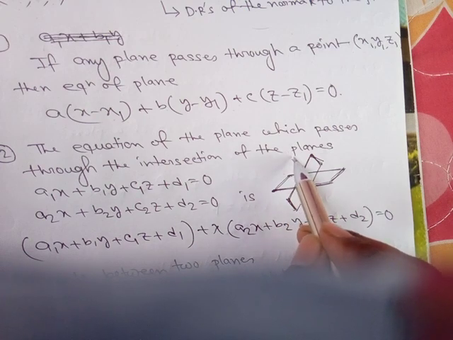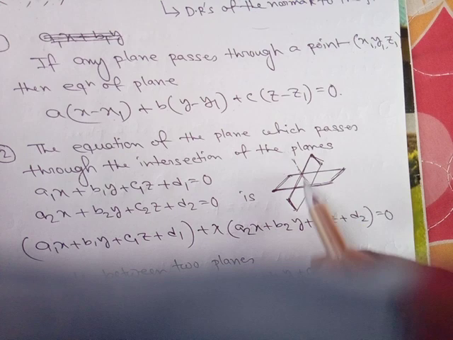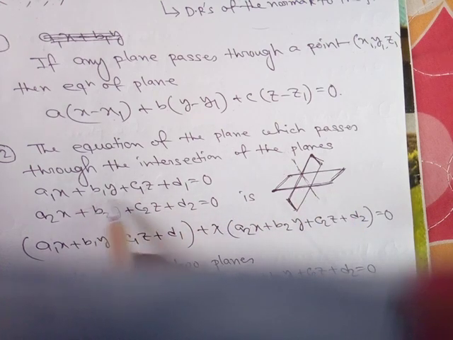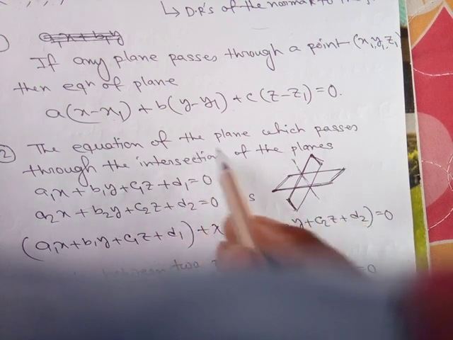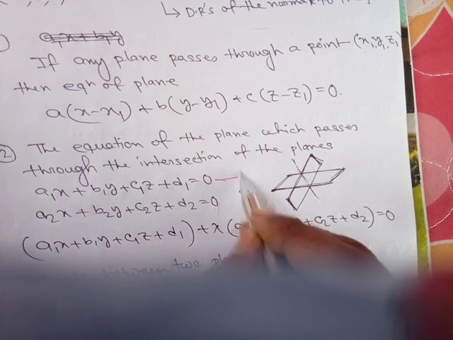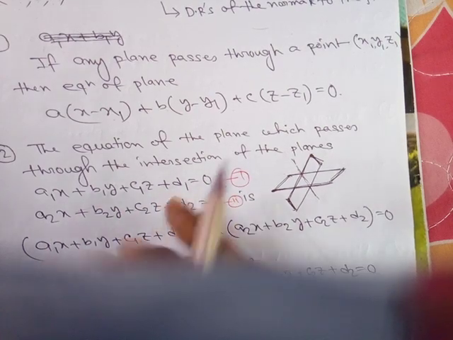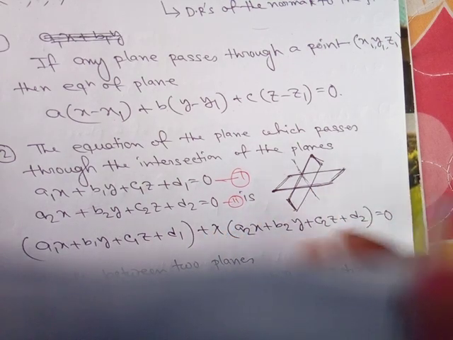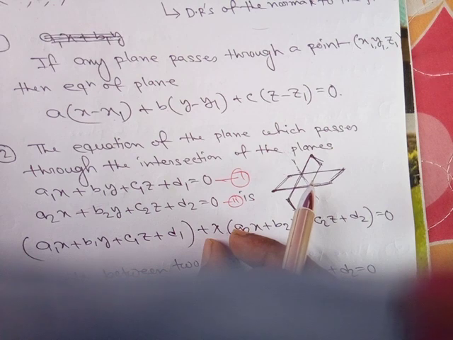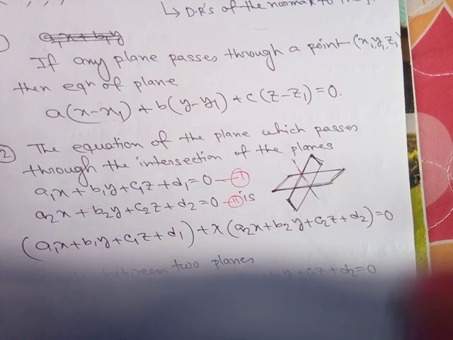The two planes are a1x plus b1y plus c1z plus d1 equal to 0, and a2x plus b2y plus c2z plus d2 equal to 0. The equation of the plane passing through their intersection is the first equation plus lambda into the second equation equal to 0, where lambda is any scalar constant. In place of lambda you can write k also, no problem.